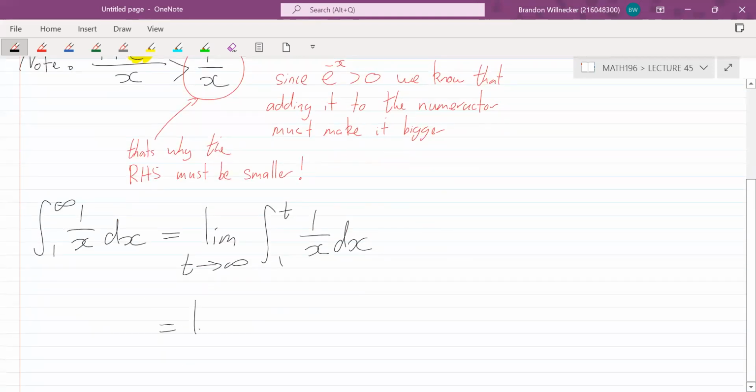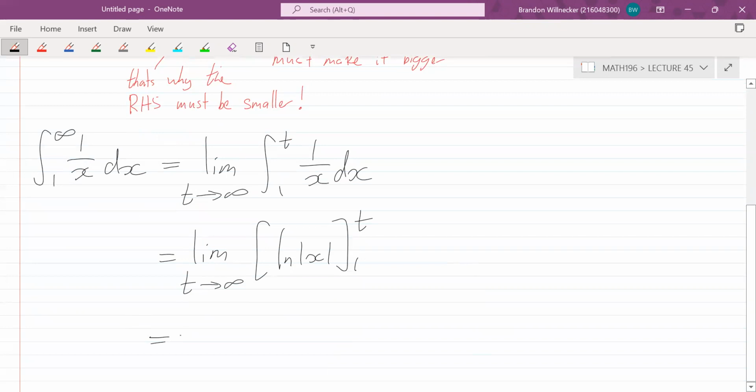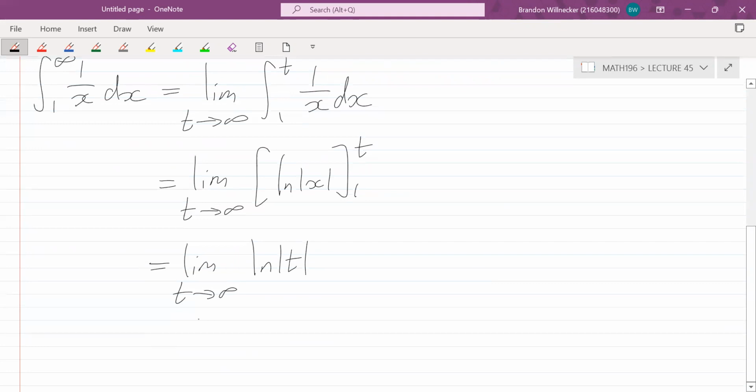This becomes the limit as t goes to infinity of the natural log of x from 1 to t. That's going to be the limit as t goes to infinity of the natural log of t, because the natural log of 1 is just 0. And this thing goes off to infinity. In other words, it diverges.